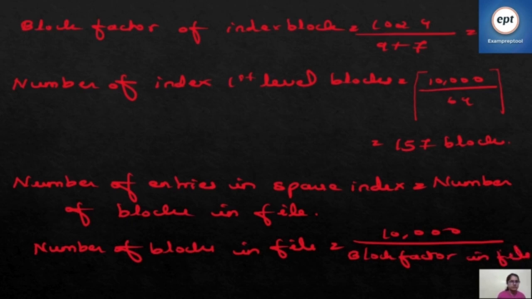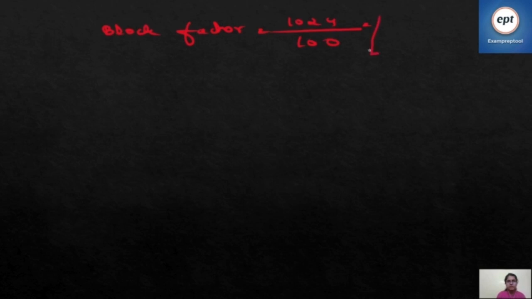So the block factor will be 1024 divided by 100. Here we will not take the ceiling value, because the block factor must be an integer; instead we take the floor.